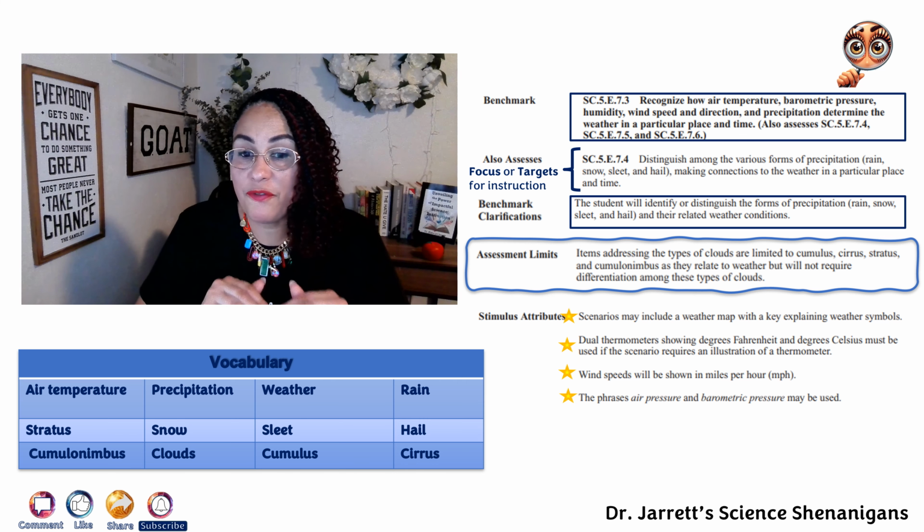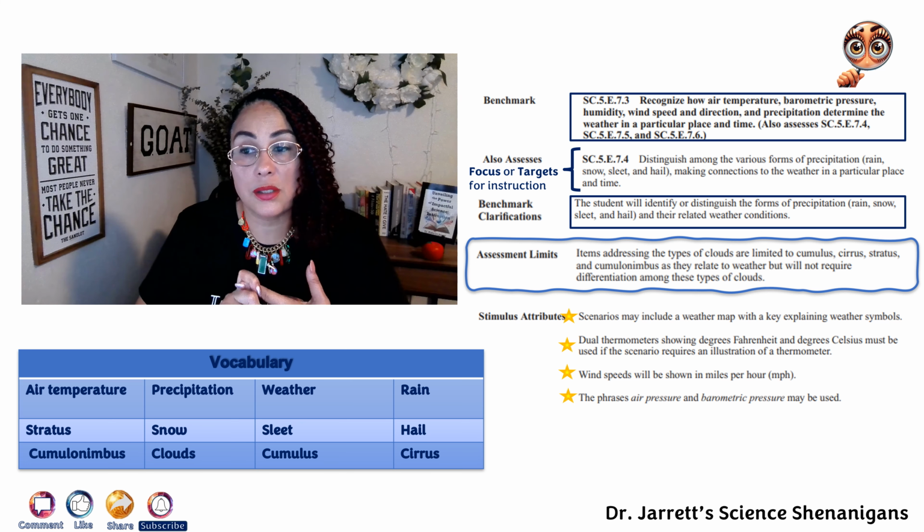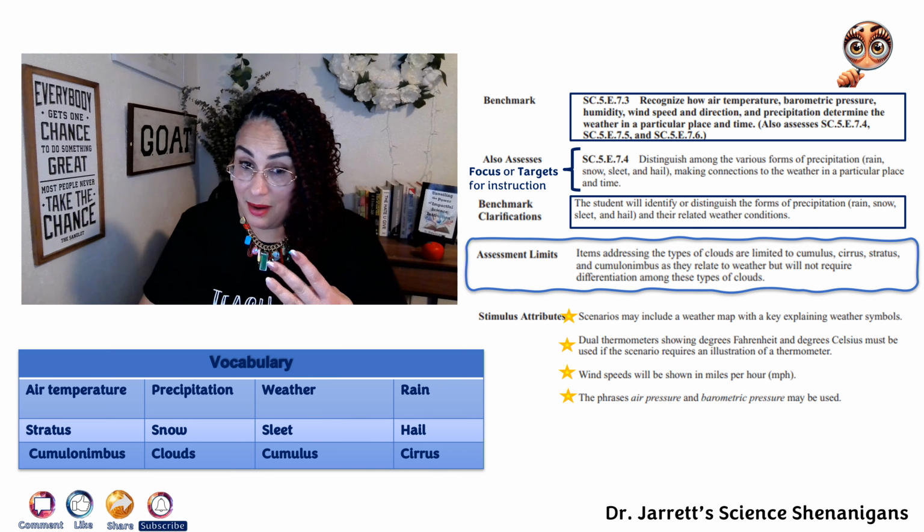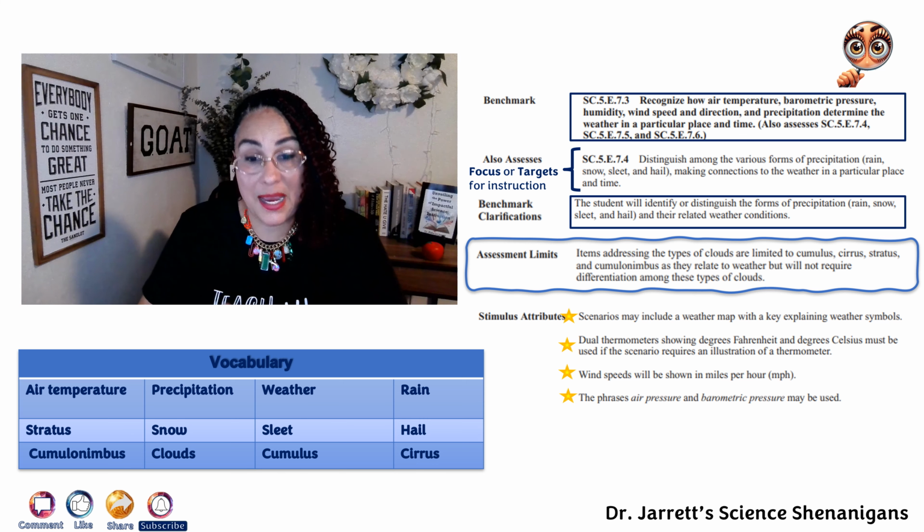So once you have finished teaching, the students should be able to distinguish among the various forms of precipitation: rain, snow, sleet, and hail. Also, make connections with the weather in a particular place and time.